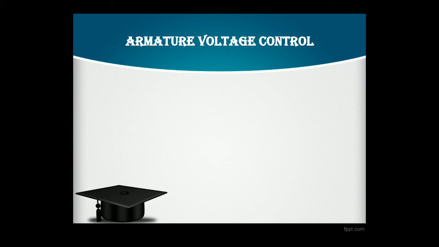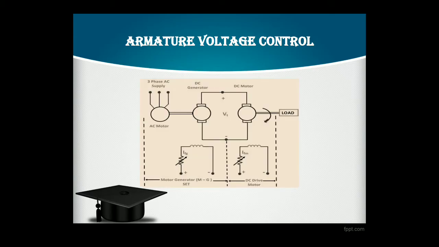The next slide is the armature voltage control, or the WARD-LEONARD method. So what is the WARD-LEONARD method? In 1871, two scientists, Ward and Leonard, adopted this method, and it is known as the WARD-LEONARD method of speed control. Here you can see three machines connected.